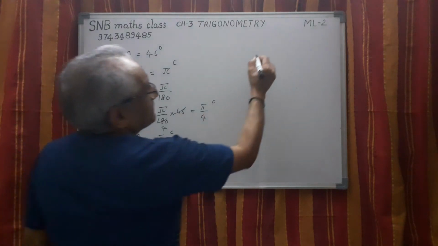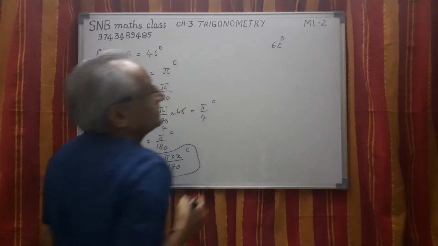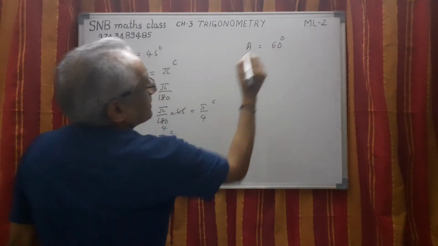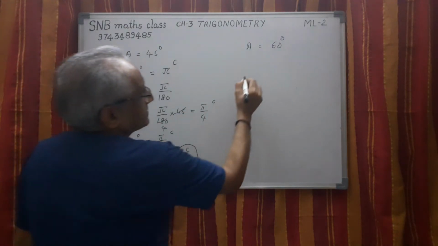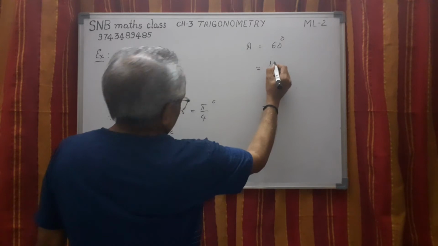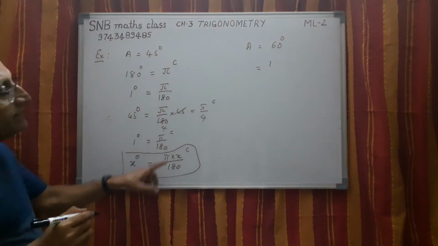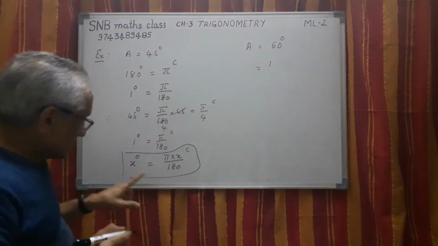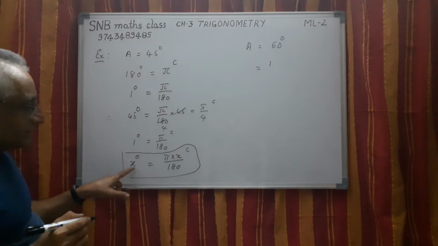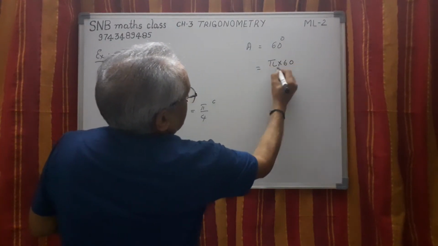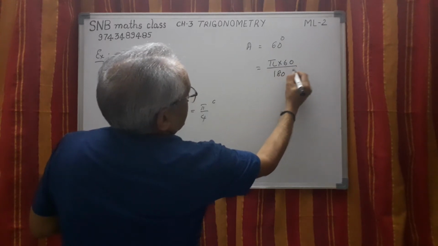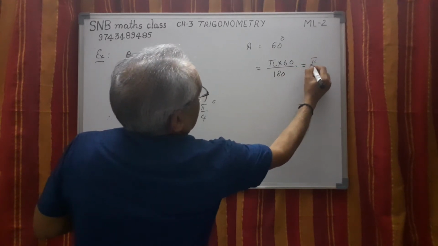For example, 60 degree, let us say angle A. I want to convert this into radian measure. So use this formula. X is how much now? It is 60. Therefore pi into 60 divided by 180, which is nothing but pi by 3.